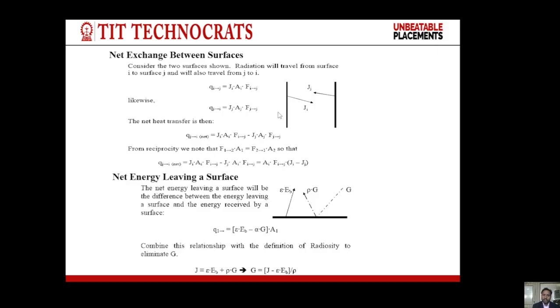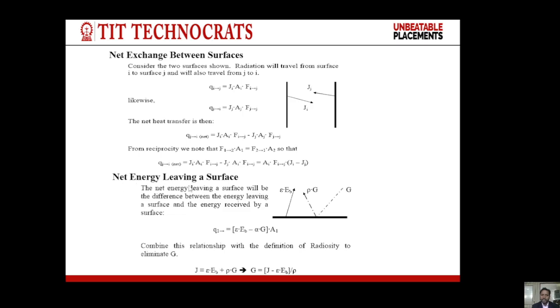Now the next term is the net exchange between surfaces. So let us suppose that surface 1 is emitting radiation, and the second surface is also emitting some radiation. So what amount of net energy will be emitted? We can calculate it by using this formula.